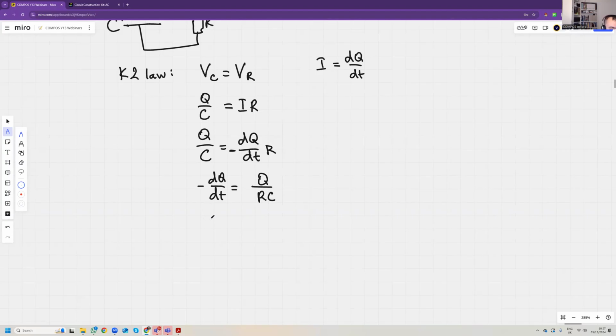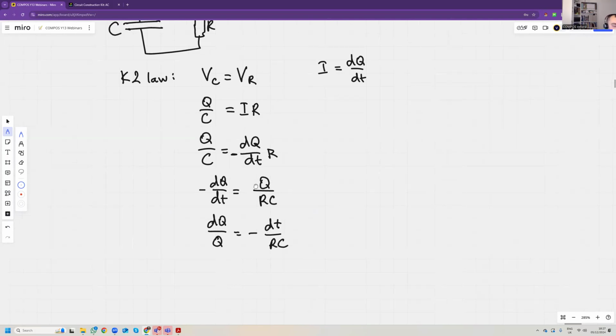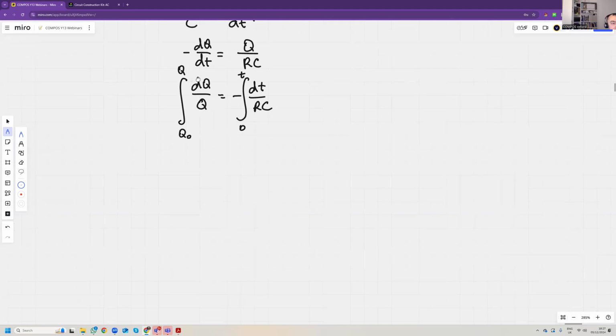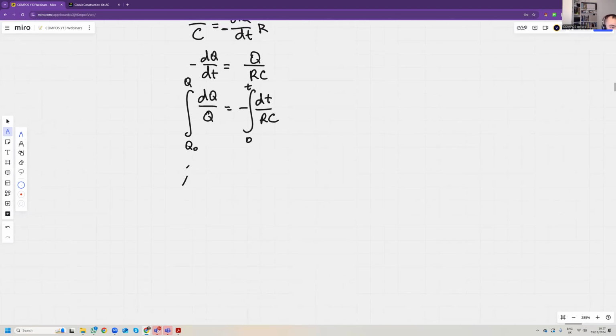Separate the variables: dq over Q equals minus dt over RC. Now I integrate it. As limits, I go from 0 to t, and from initial charge Q0 to final charge Q. That means I have logarithm of Q minus logarithm of Q0 equals minus t over RC.